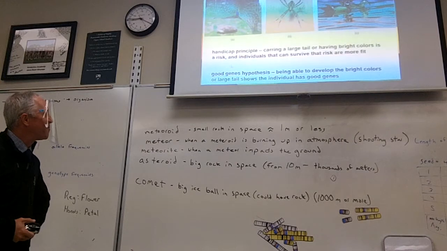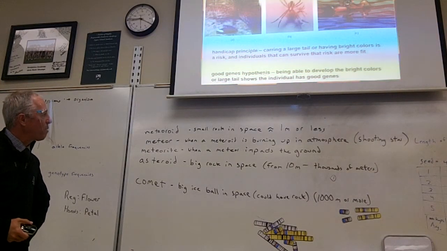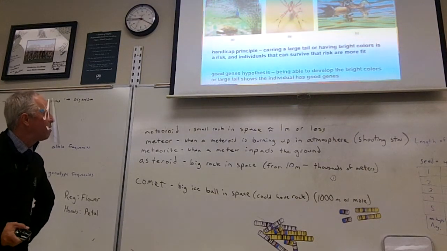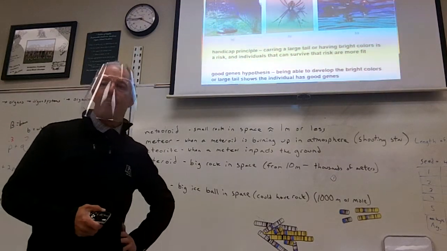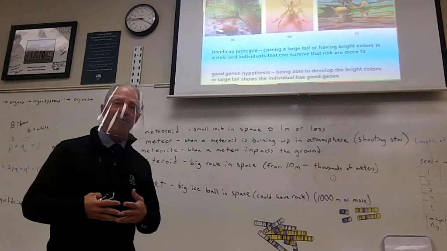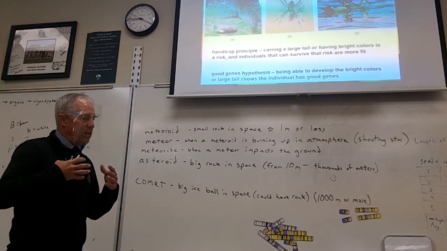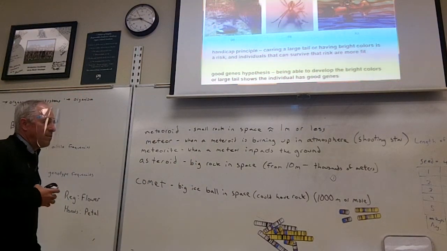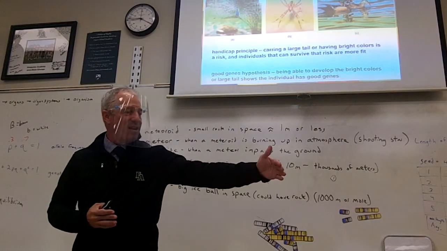You don't have to. What about the good genes hypothesis? That's a similar thing. Being able to develop bright colors or large tails shows that the individual has good genes. There's a famous book called The Selfish Gene, written by a guy named Richard Dawkins, I think, who talks about how genes have a way of being passed down generation after generation.